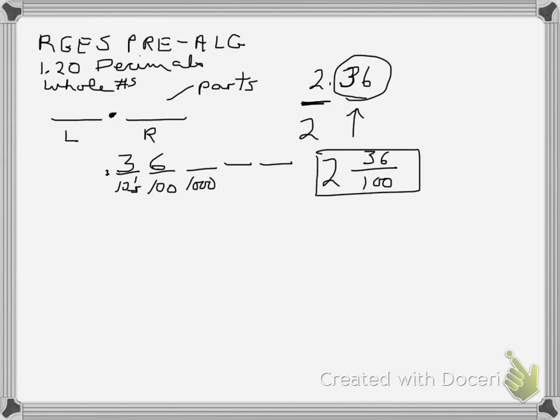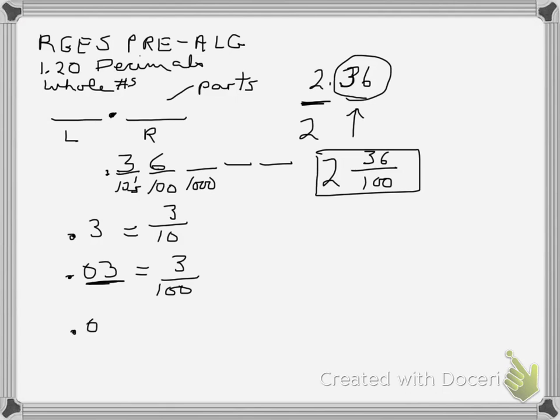So let's look at several of these. What if I had 0.3? I'm in the tenths place, so that is the same as 3 tenths. What if I had 0.03? The end of this is the hundredths place, tenths, hundredths, so this represents 3 hundredths. I think you can see where I'm going with this.